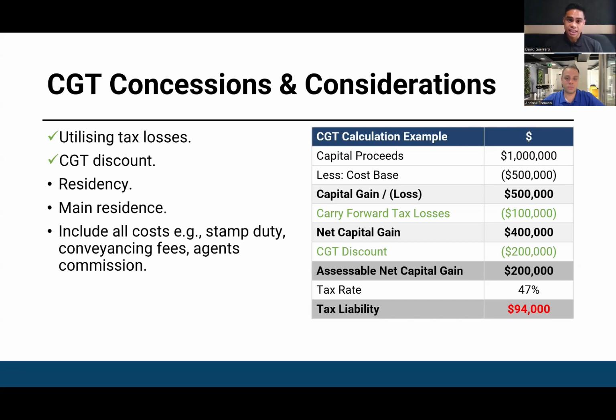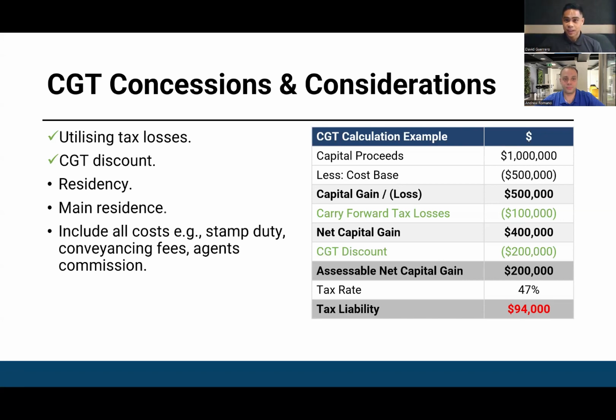So that 50% CGT discount was available, reducing the assessable net capital gain. So in this example, the tax liability reduced to $94K. So as you can see, the value of good tax advice can save you significant amounts of tax.